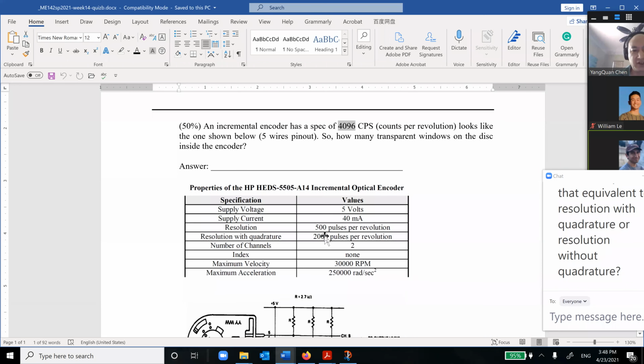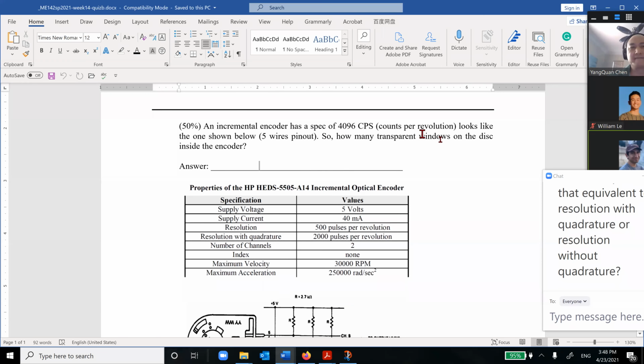So you have 4096. So how many windows? Divided by 4. So 1024. Is that right? 4096 divided by 4, so the answer is 1024.